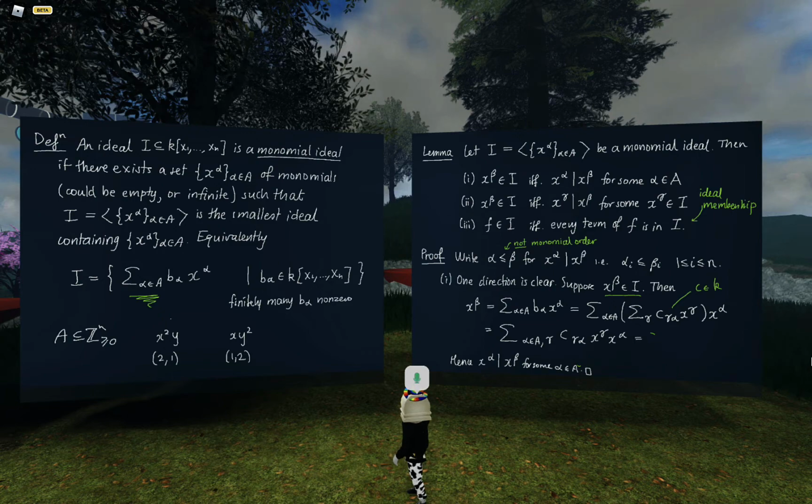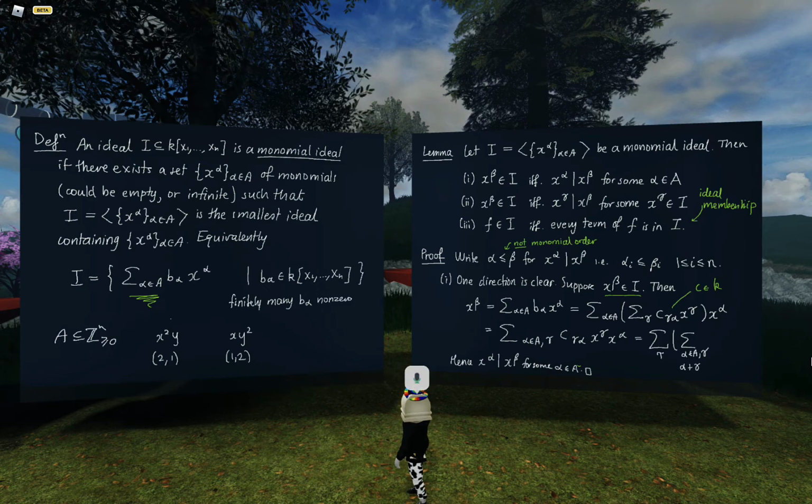So if you collect terms, you can write this as the sum over tau of d_tau x to the tau, where the coefficient here is the sum over alpha in A and gamma such that alpha plus gamma is tau of c_{gamma alpha}.